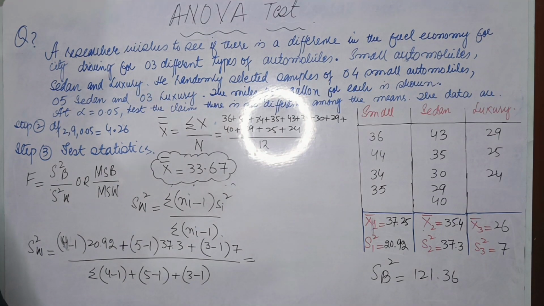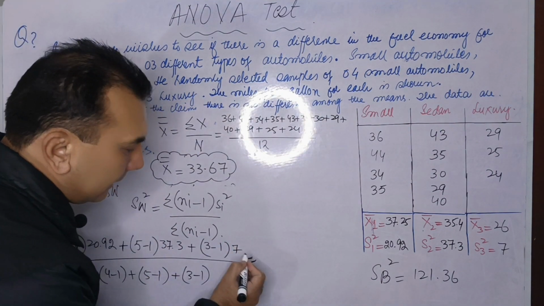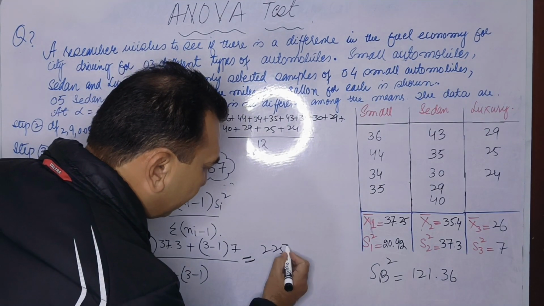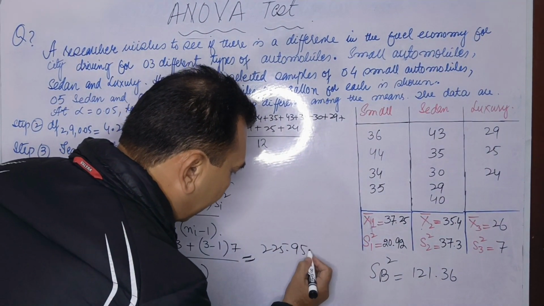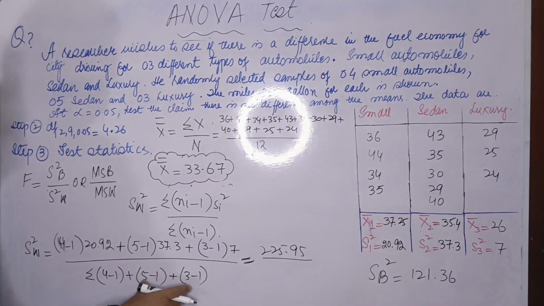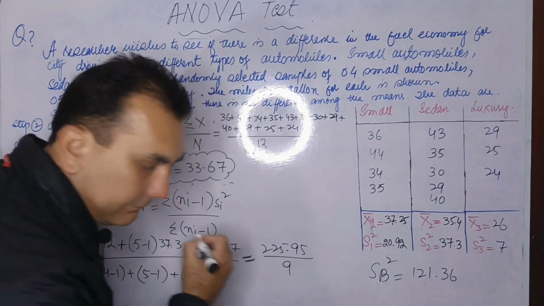After the multiplications, we will come up with the value of 4222595, and divide by how much? 12 minus 3 is equal to 9.